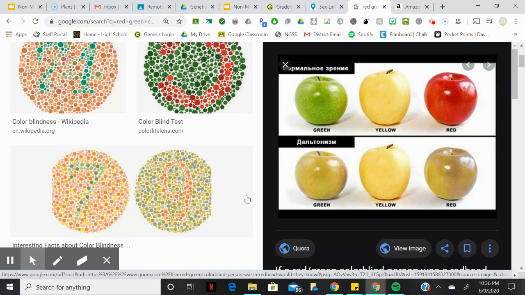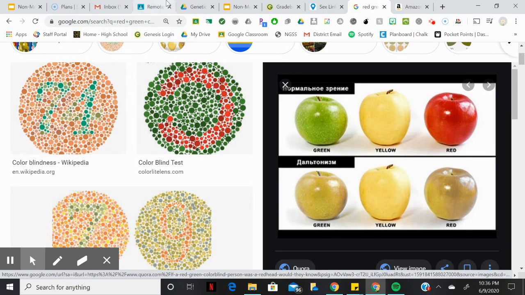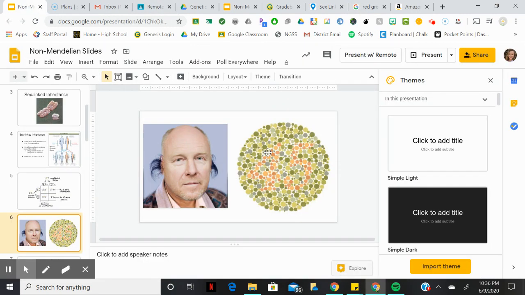So when they see pictures like this, right, if we go back to our slides, they don't see the distinction between the red and the green, so it just looks like yellowish green dots. People who are not colorblind can tell that this is 45, okay? So if you don't see a 45 in here, you are potentially colorblind.